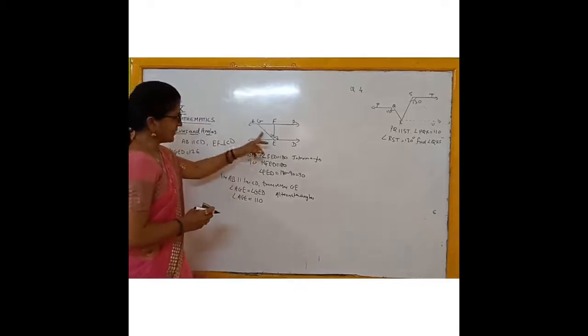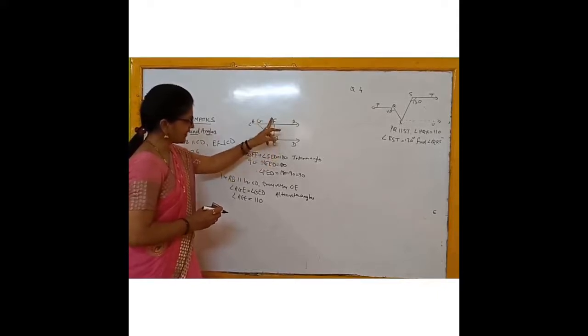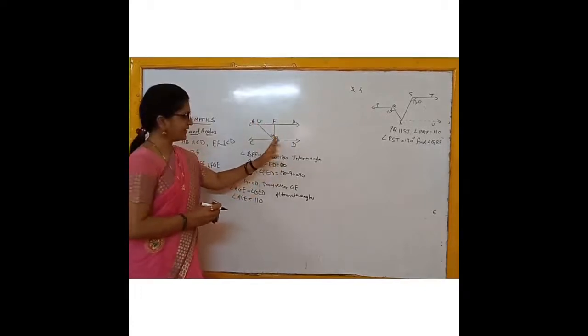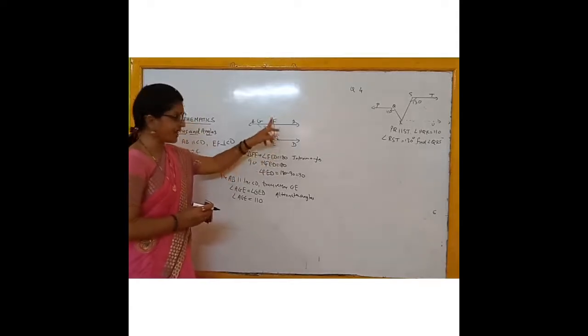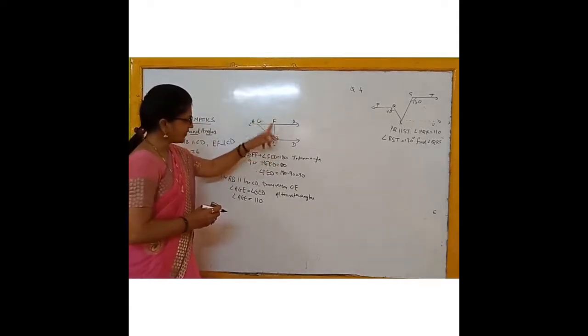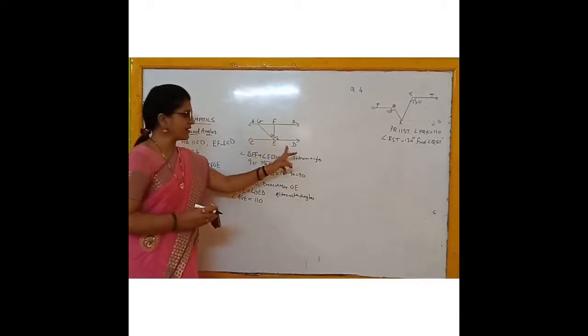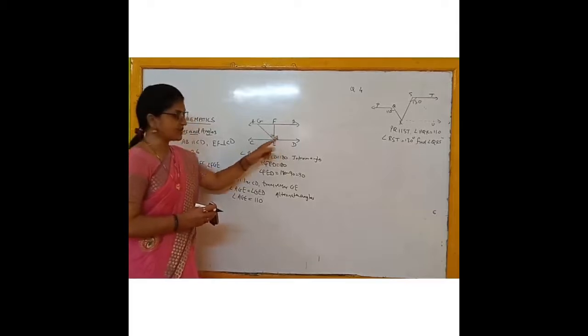Now, next part. This we got. Now we want to find out this. So now here, angle GEF plus angle FED is equal to 180. Why 180? Because ray EF stands on line CD. Ray EF stands on line CD. So these two are the adjacent angles.